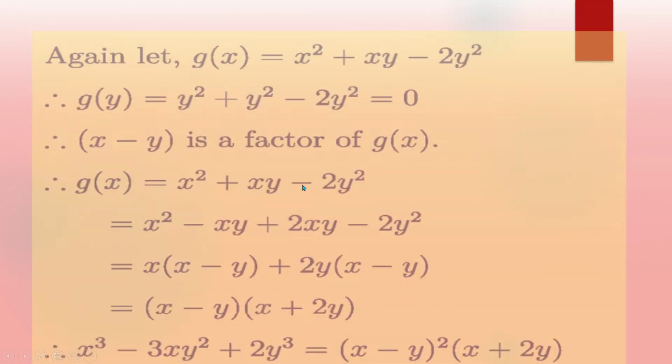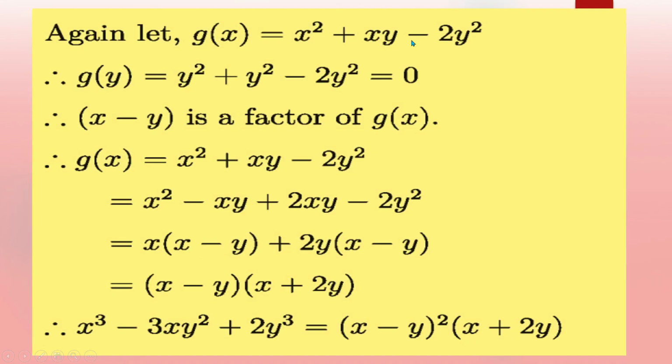So again, let g of x equal this. When we put x is equal to y, this makes 0. So x minus y is a factor of g of x. Now we can write x minus y, x minus y. So for matching x square, we have to take here x, and here will be x square minus xy. But here is plus xy, so we have to take plus 2xy.